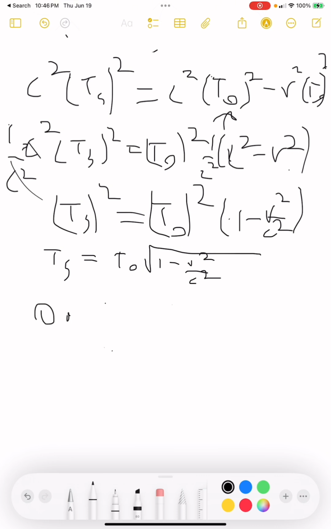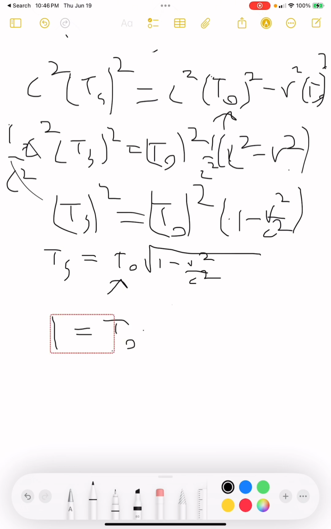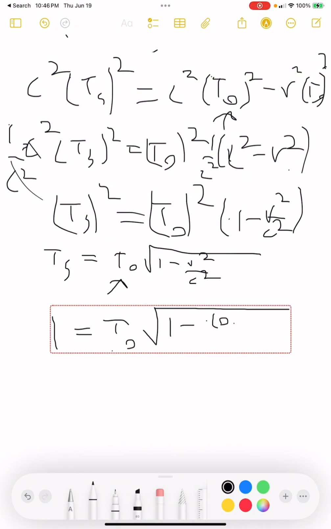Assuming that we are traveling at half the speed of light, and 1 second passes for us while traveling, what will be the time on Earth? We plug in 1 second here, so that means that t of 0 will be in seconds, and we get 1 minus 0.5 c squared over c squared.